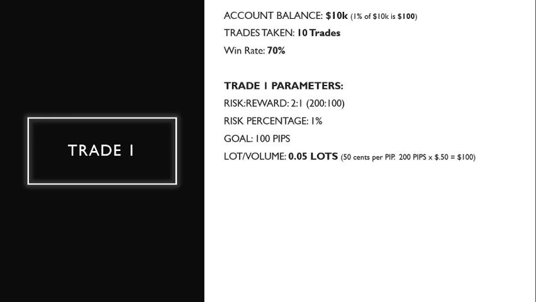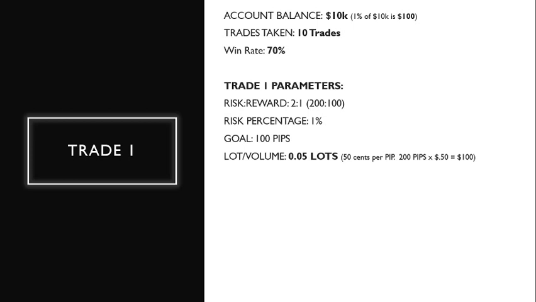Now, if I'm going to allow my account to draw down 1%, 30% of the time, because I'm winning 70%, I'm going to be stopped out at 1%, which I'm allowing the market to go 200 pips in order to do, right? So at 200 pips, what is my lot size that would equal 1%? That's a 0.05 lot size, which is 50 cents per pip. Okay? Then I can allow it to go 200 pips if it does.